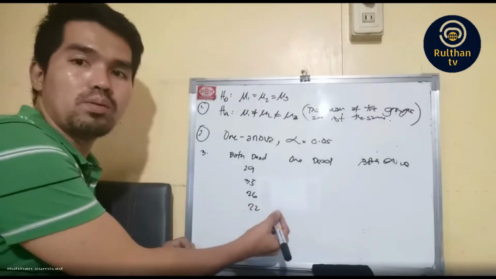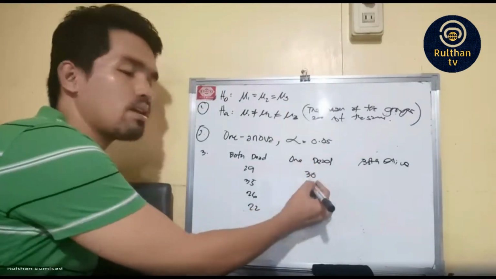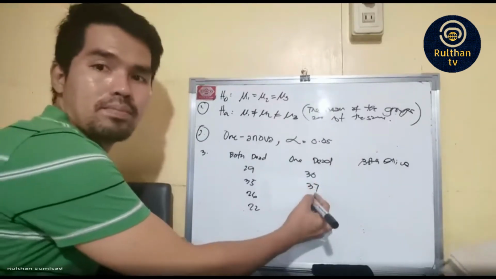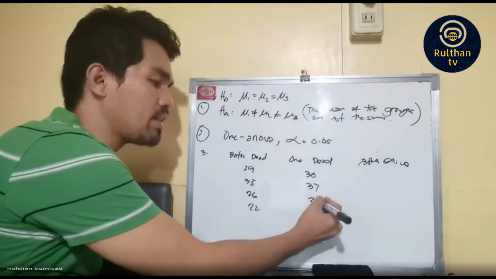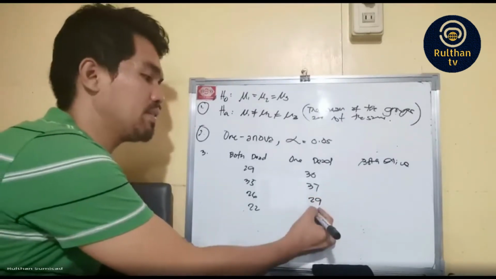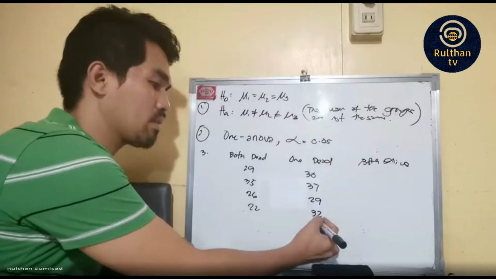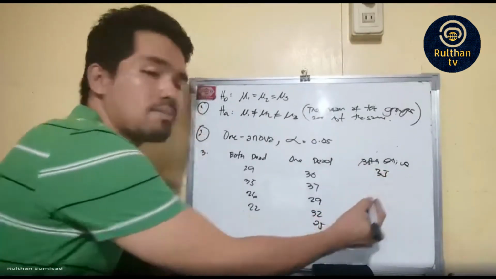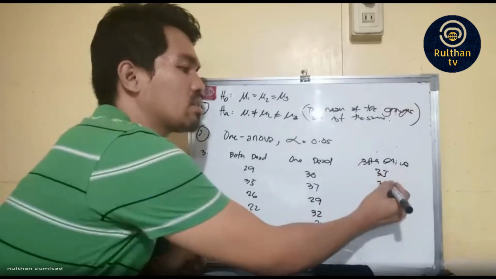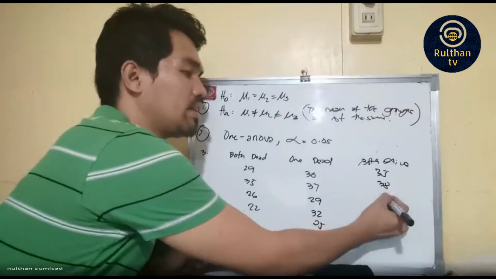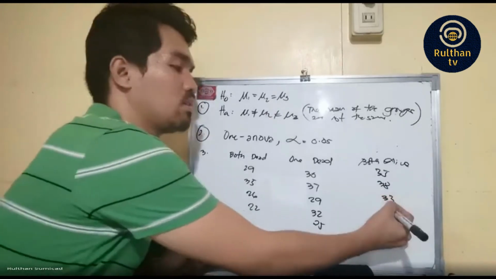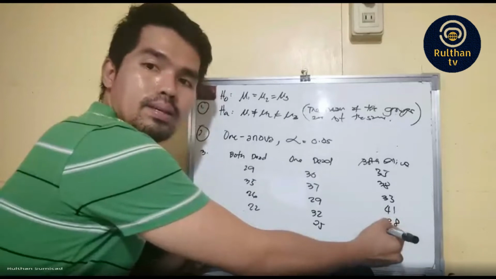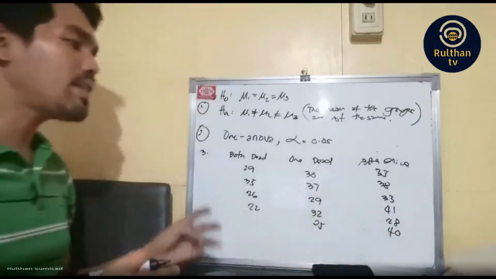And then for one dead, the optimism scores are 31, 30, 37, 29, 32, and 25. And then for both alive, we have 35, 38, 33, 41, 28, 40. Now, this is the data gathered.